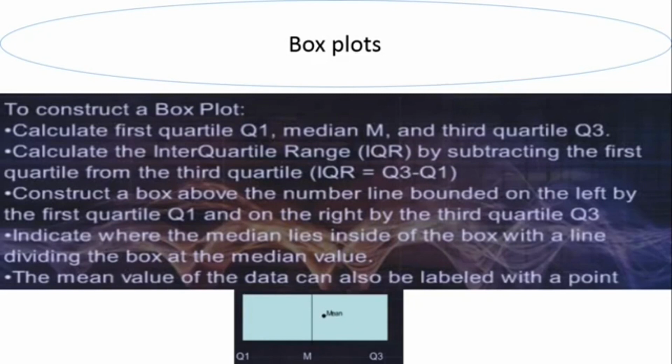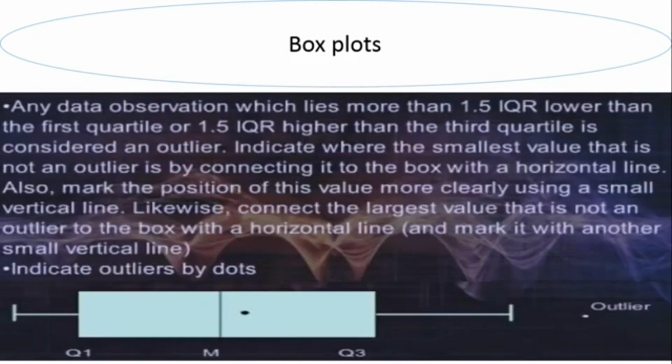Then indicate where the median lies. Finally, any data observation that lies more than 1.5 interquartile ranges lower than the first quartile, or 1.5 interquartile ranges higher than the third quartile, is considered an outlier.